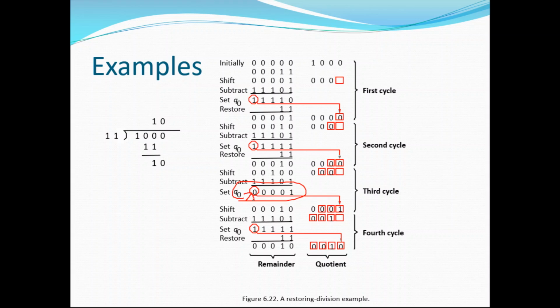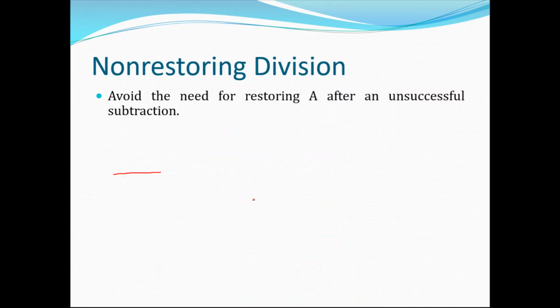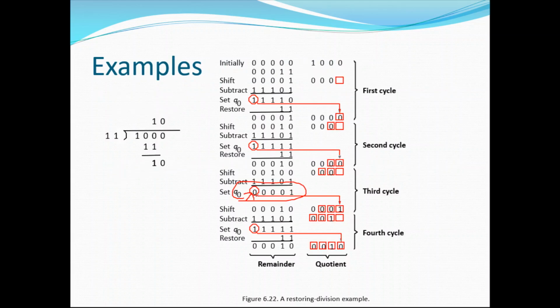I'm not talking about replacing Q naught with 1, that is going on, but other than that, if it is a positive number, then we left shift A by one position and we subtract M from A. Left shifting is equivalent to multiplying the number by 2.